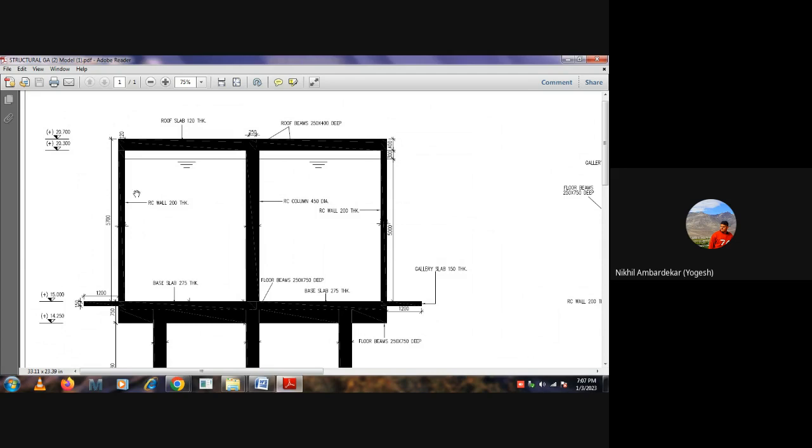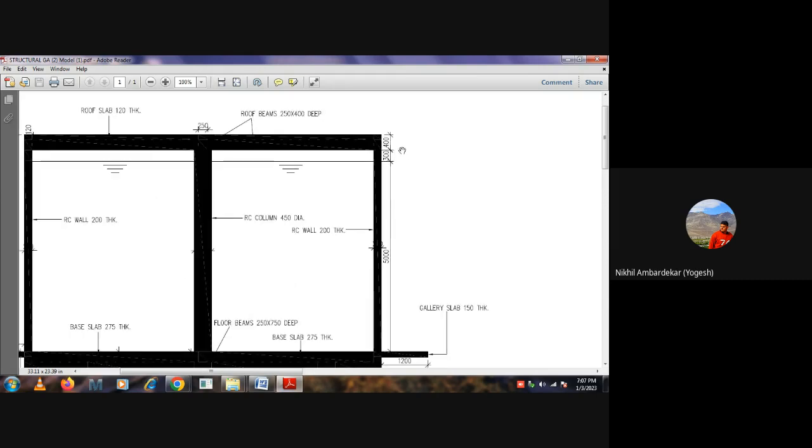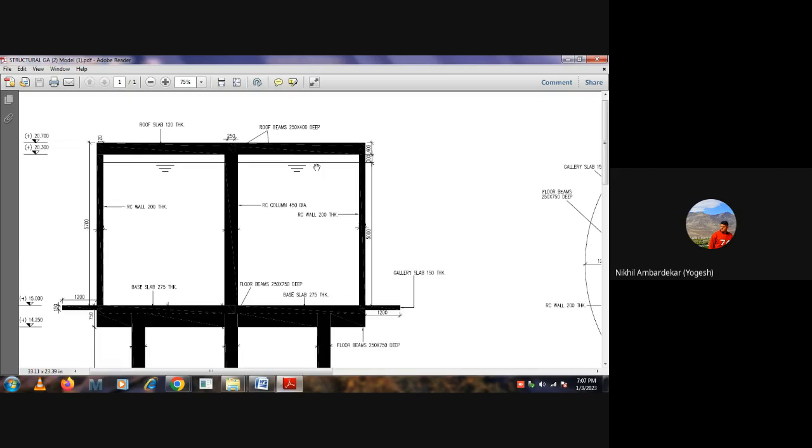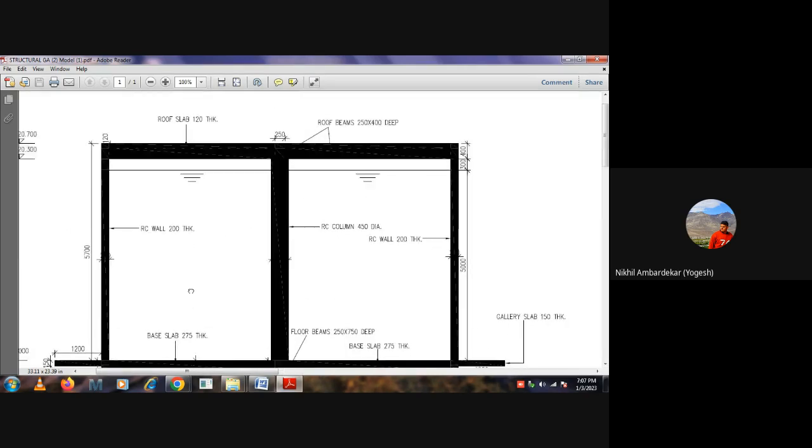And what is the clear height of the tank? The clear height of the tank is 5.7 meters from the base slab up to the top of the roof slab. The water elevation in the tank is 5 meters, we have a freeboard of 300, and after that a 400 deep beam. Clear?